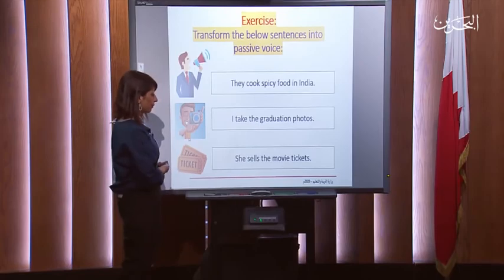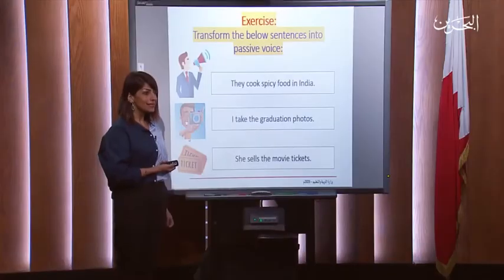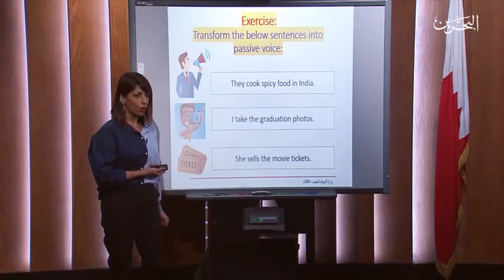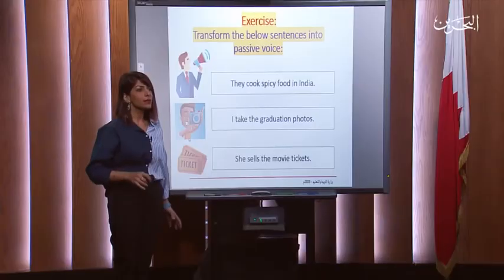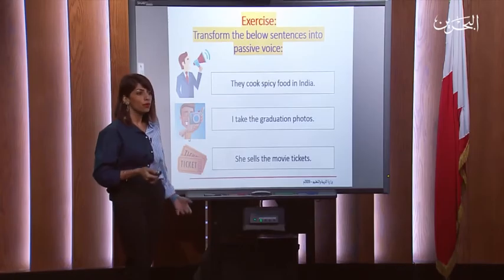Full stop. The last one, she sells the movie tickets. Tickets is plural. So, the movie tickets are sold because the third form of sell is sold. Now, this is the way that I have to do with all sentences.